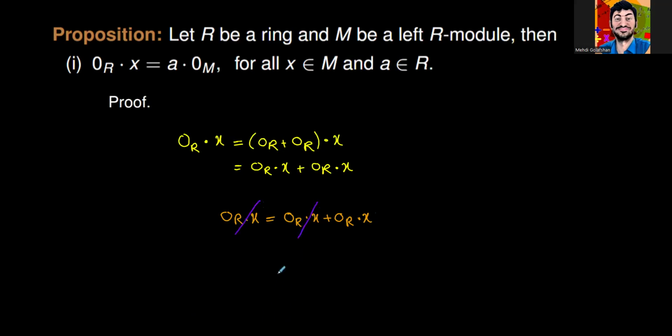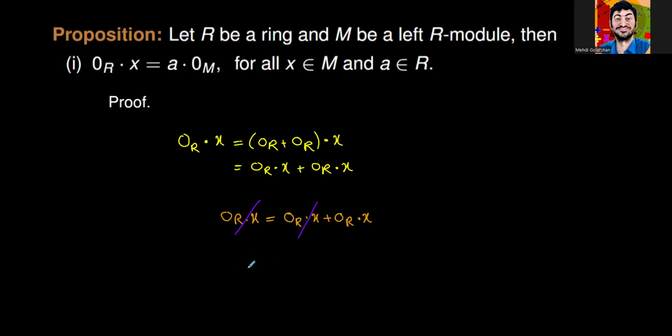So what will happen? On the left-hand side we cancel, and on the other side we have 0_M.